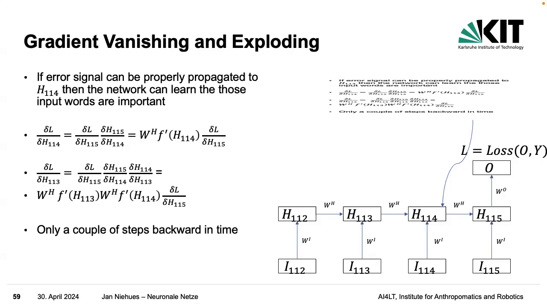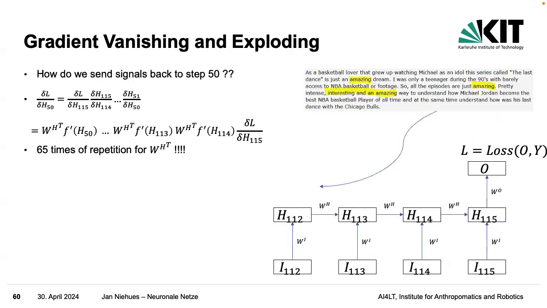And for a relatively few number of steps, that is fine. However, things get complicated if you repeat that very, very often. So if you want to calculate your loss at the last position here with respect to a hidden state 50, then you would continue this.